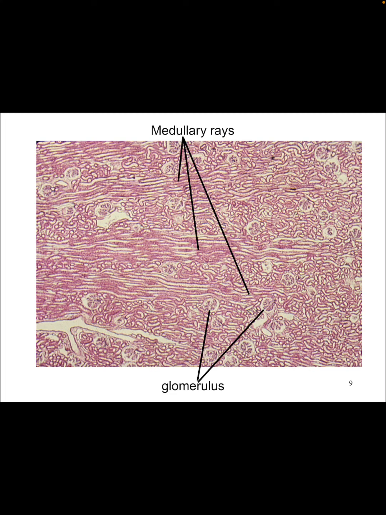So this is one with higher magnification. See this area of the renal corpuscles, and we can see this extension. These are straight tubules that extend from the medulla toward the cortex. These are called the medullary rays.